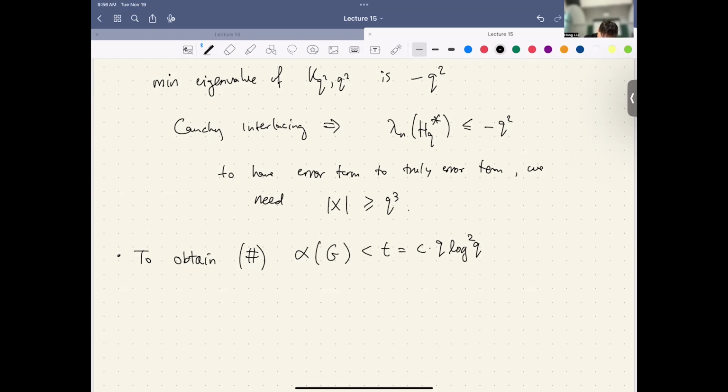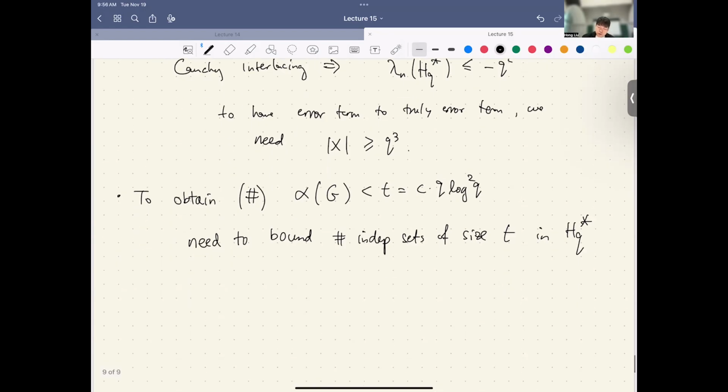We need to bound the number of independent sets of size T. Let me call it I_T. The number of independent sets of size T in HQ star. And we want to bound it so that this number, let's call it M.